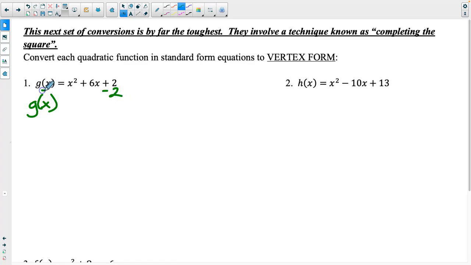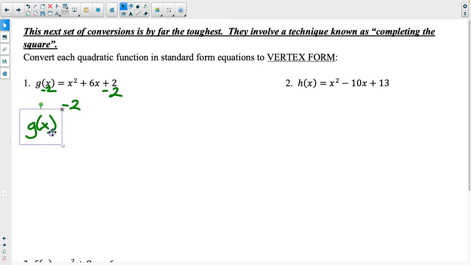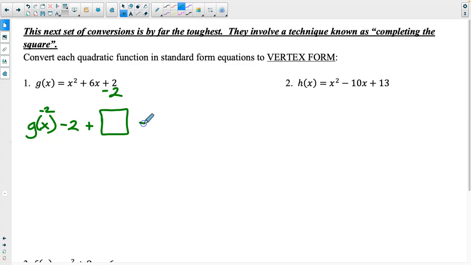So I'm going to subtract 2 from both sides. So I get g of x minus 2, and I'm going to leave a big box. So I'm going to put plus a box is equal to x squared plus 6x plus a box.